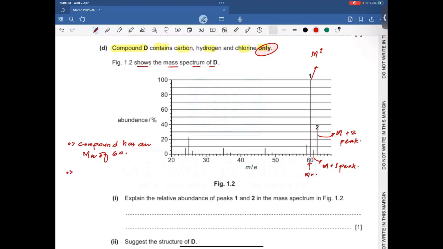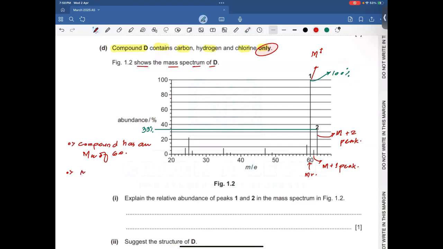I can get a second piece of information from this spectrum. Look at this. This is 100% abundance, and this is approximately 33% abundance. So if it is 100%, this is 33%.